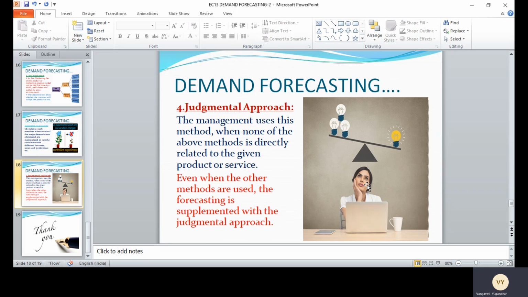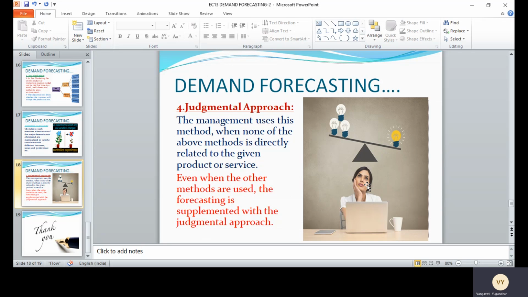In that case, they may use the judgmental approach, considering various parameters like income, area, population, etc. And sometimes, even when other methods like survey methods and statistical methods are used, suppose method 1 forecasts one value and method 2 forecasts another value. Like that, there are two or three forecasts. Which one to choose? They have to finalize the prediction. In this case also, they use the judgmental approach.